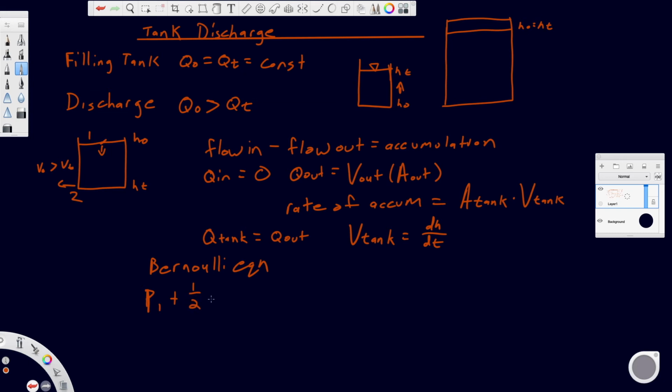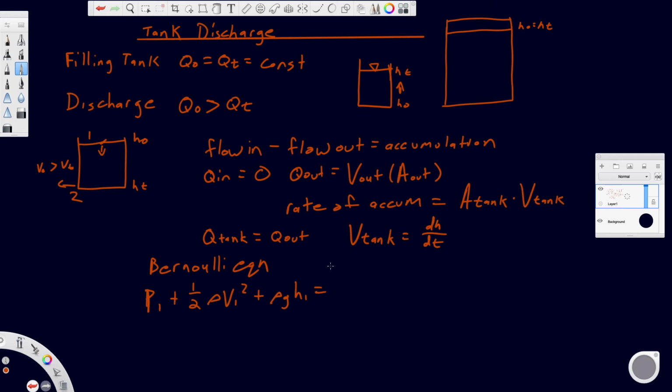and then we have half the density times the velocity squared, and then we have the density, gravity, and height at point 1. And this is going to be equal, the energy of this whole system is going to be equal to the energy at point 2.